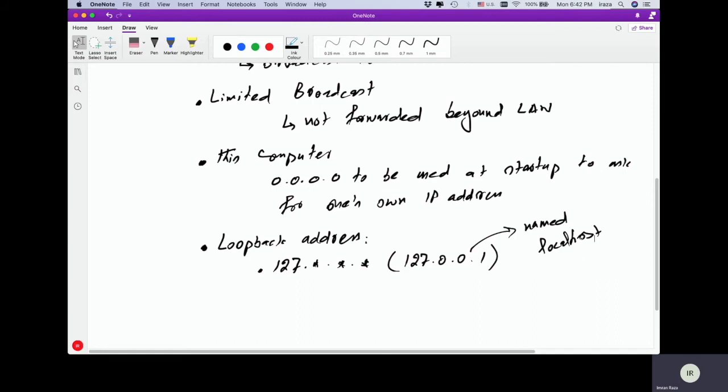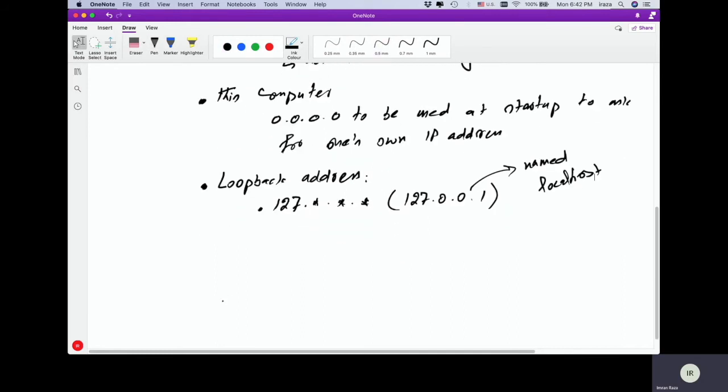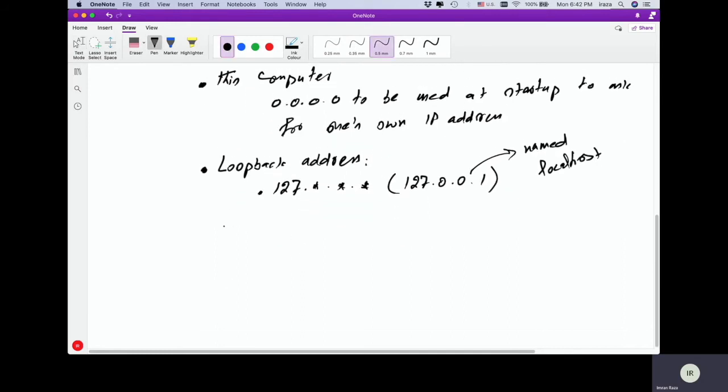When packets are sent to localhost or to 127.0.0.1, they traverse down the kernel networking code and back up to the application without traversing the network. It's very useful for testing network applications or network code involving client-server applications, right? So most of you might have used this localhost 127.0.0.1 address to test your networking applications.